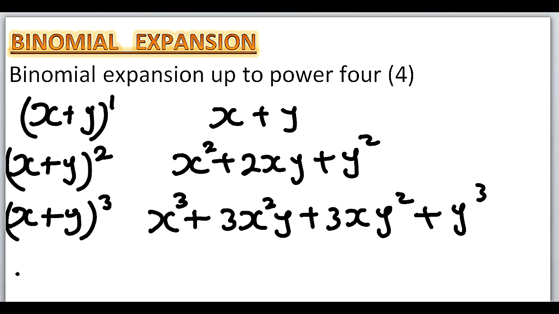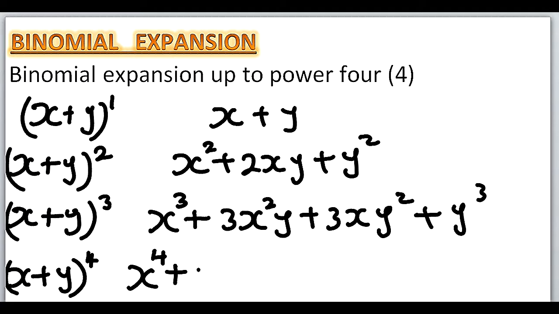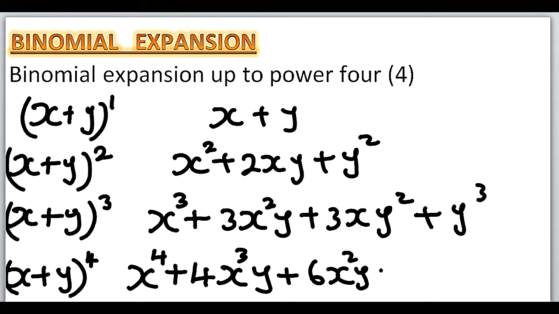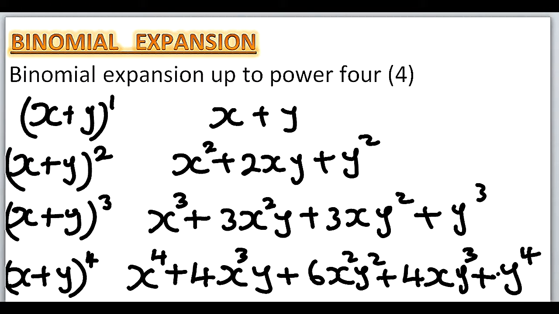Finally, we got x plus y into bracket to power 4. This we got x power 4 plus 4x cubed y, plus 6x squared y squared plus 4x power 1 y cubed, and finally we had y to power 4.